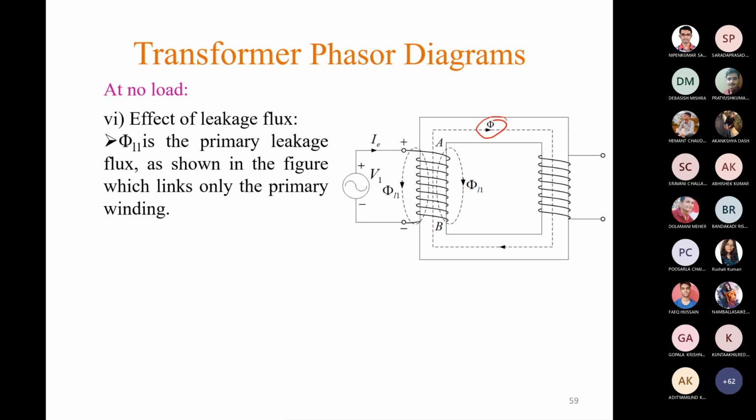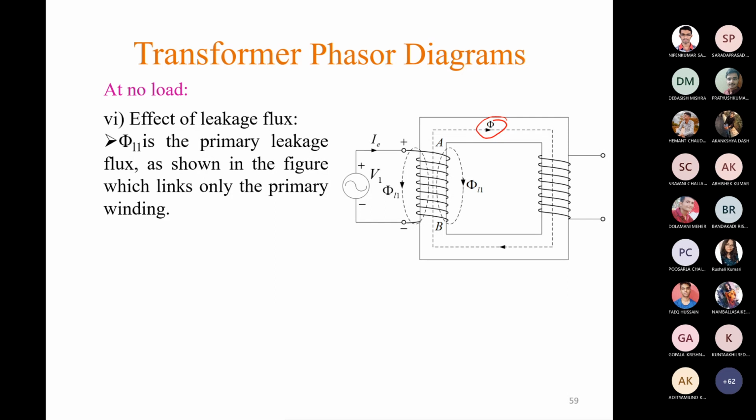So it will magnetize the ferromagnetic core, and depending on the value of this flux, this core will saturate. That means there will be some hysteresis loop. Okay, and this flux will link with both the windings. So these are the properties of this mutual flux phi.